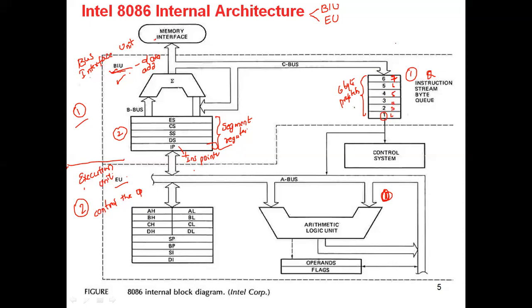We increase the execution speed by doing two things: when the first instruction is executing in the execution unit, the prefetch fetches another instruction from the memory and stores it in the 6 byte prefetch queue. This is the main advantage, and this concept we call the pipelining concept.